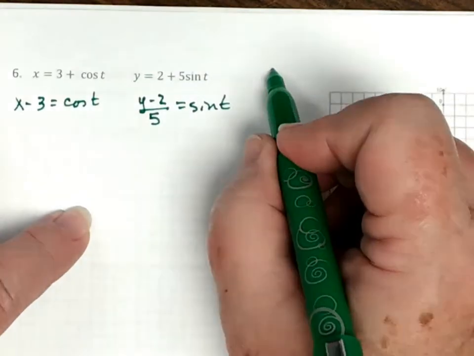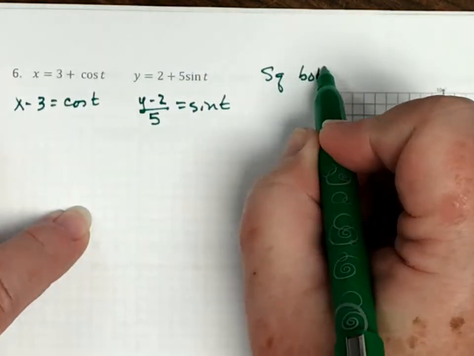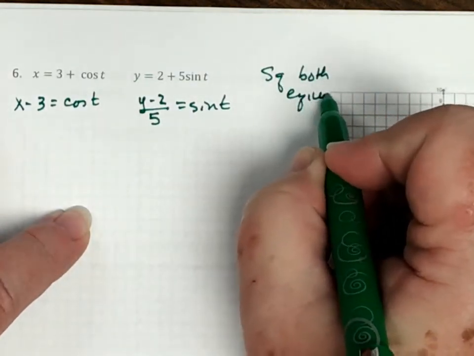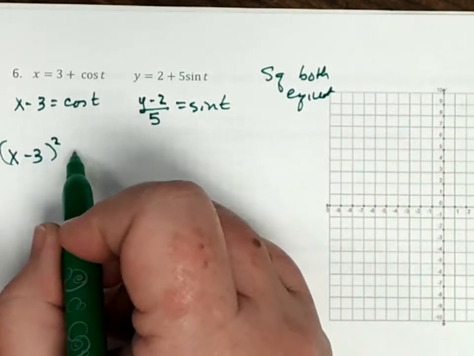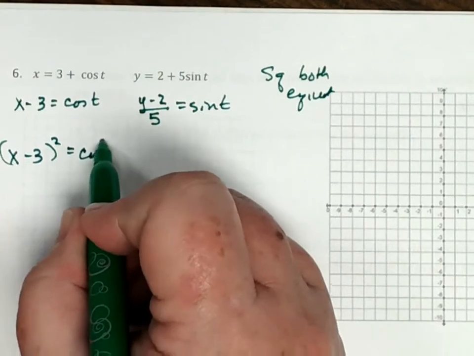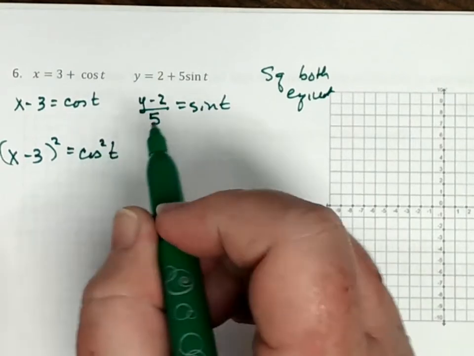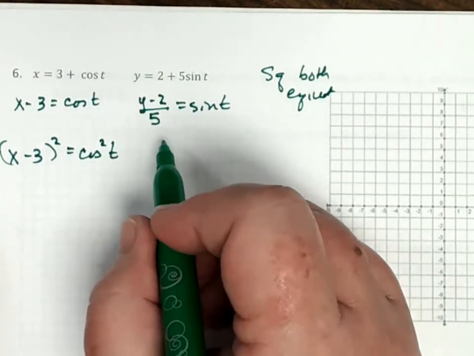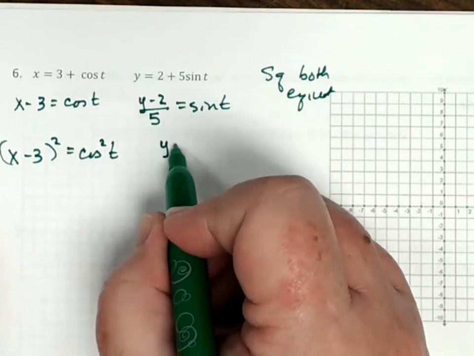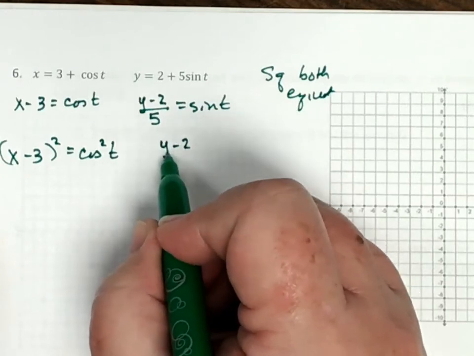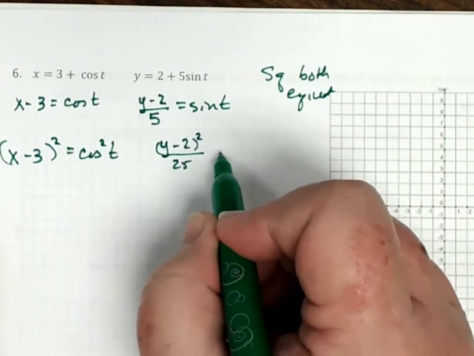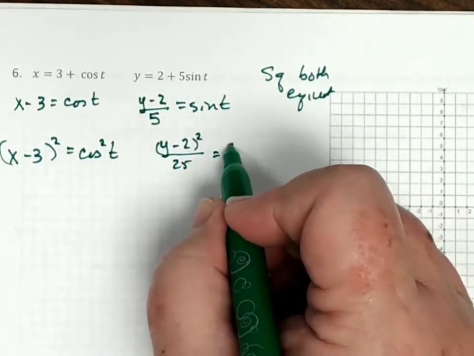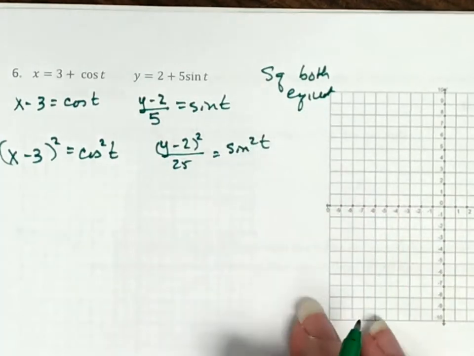Now that we have that, we can square both equations. Okay? And when we square this one, we can still leave it x minus 3 squared equals cosine squared t. And this one is going to be y minus 2 all squared over 25 equals sine squared t.